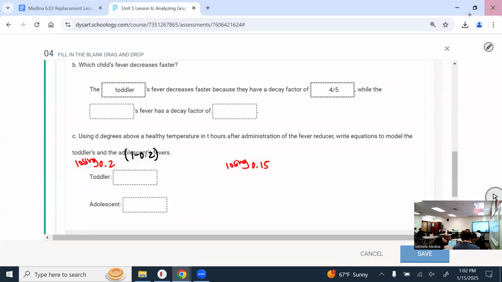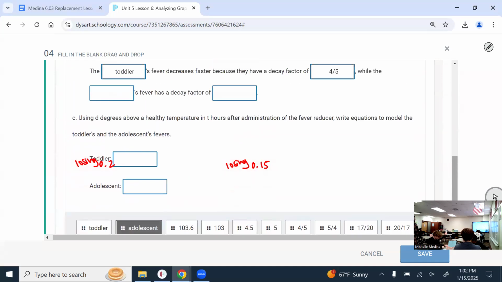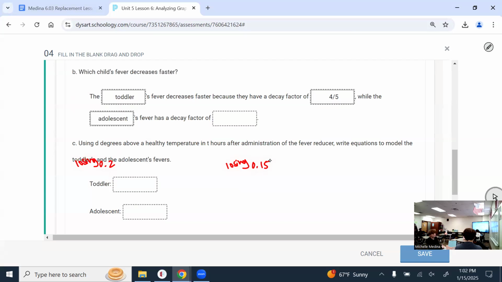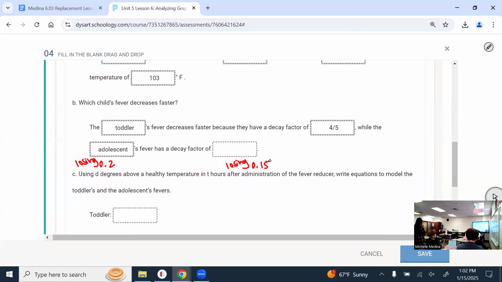While the adolescent's fever has a decay factor of, and it said it was losing 0.15.